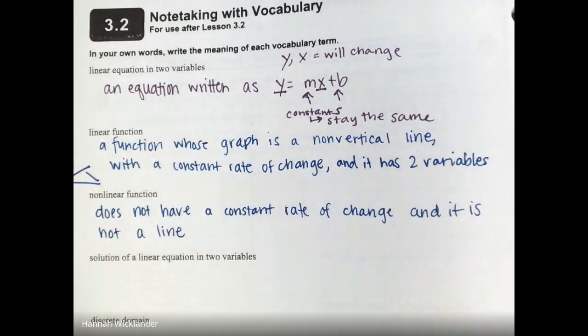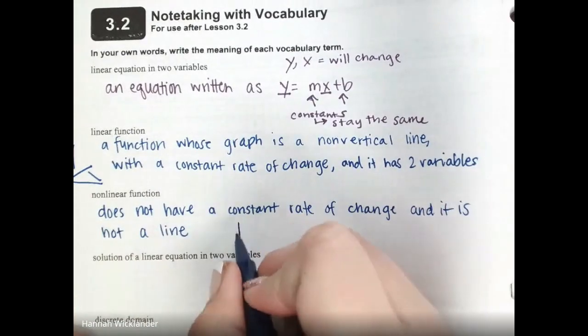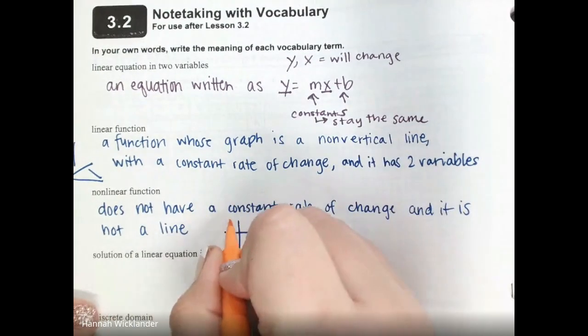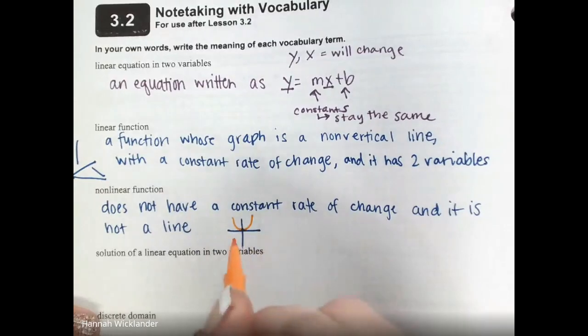A nonlinear function would be like a quadratic, which looks like this. So that's our graph, and then let me get a different color. The quadratic looks like this. It's U-shaped, so it doesn't have a constant rate of change. And as you can see, it's not a straight line.